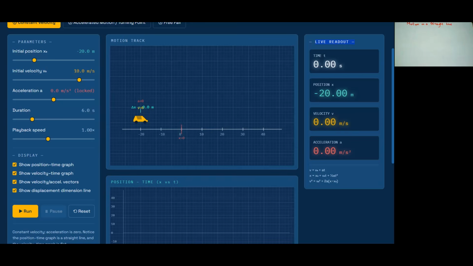Because distance is never negative, it is always positive. And displacement: displacement is the straight line change in position with direction. So with the direction, it can be positive, negative, or even zero. Already we saw that in the icebreaker quiz: displacement zero.